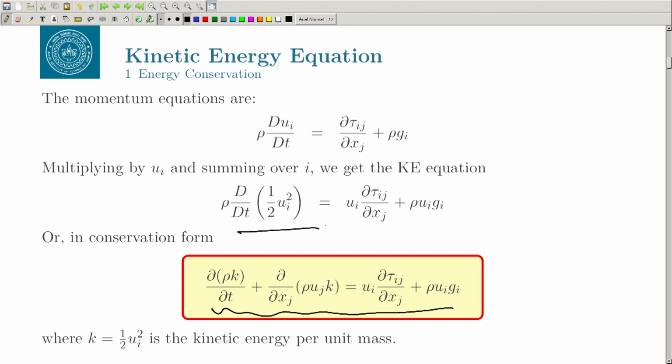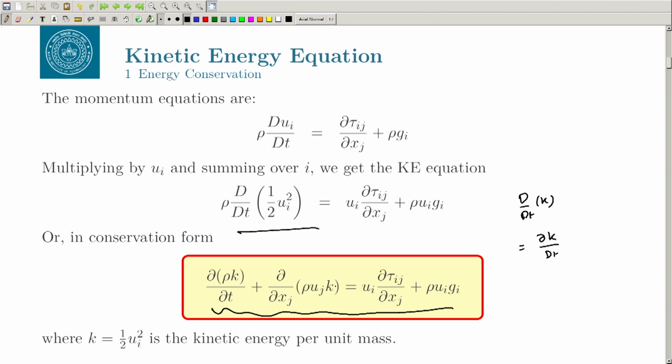So, this d by dt of k will become dk by dt, okay, and then you can take this rho inside also. Remember how we have done for the momentum equation. So, you can use this equation of continuity, add and subtract here, and you can write in the conservation form.